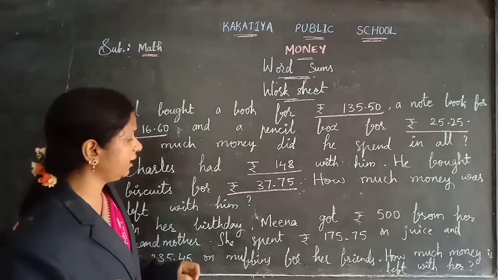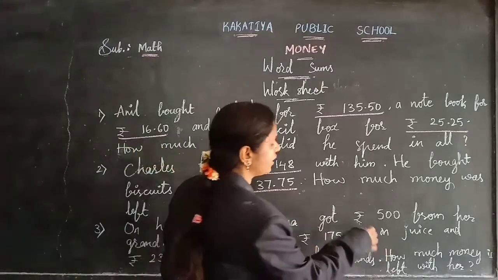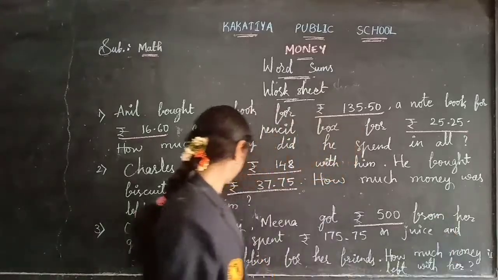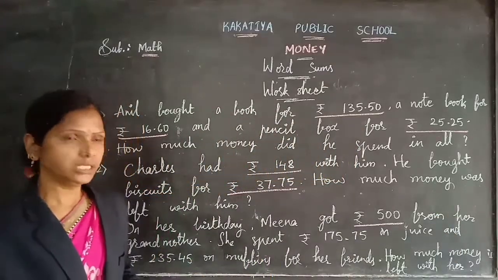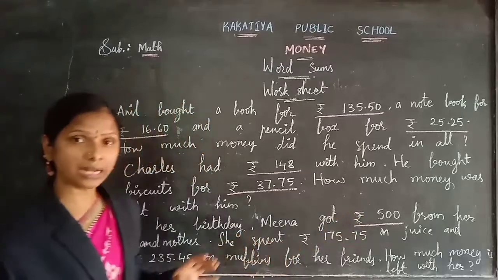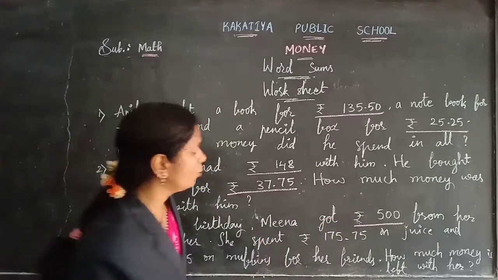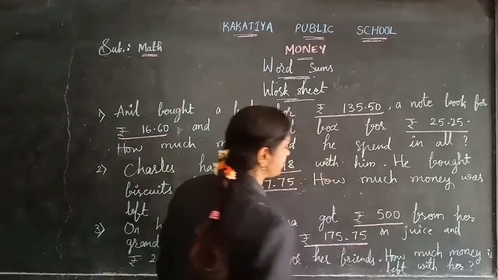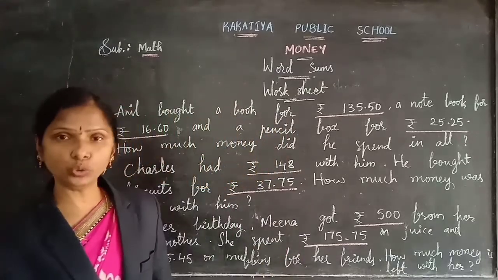On her birthday, Meena got 500 rupees from her grandmother. Okay, she got the 500 rupees from her grandmother. She spent 175 rupees 75 paise on juice.